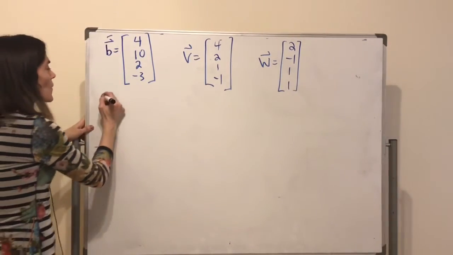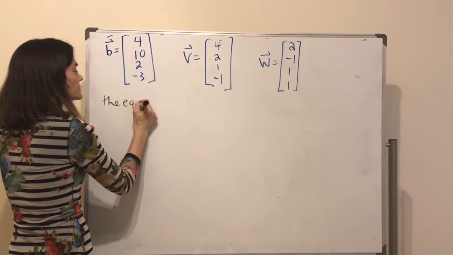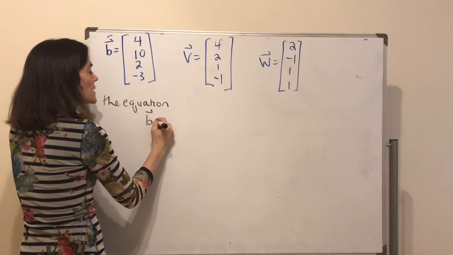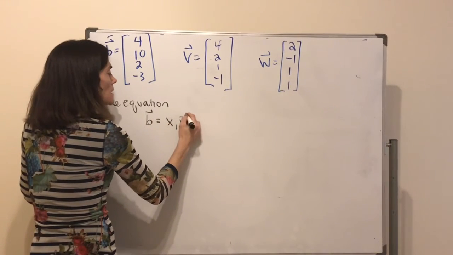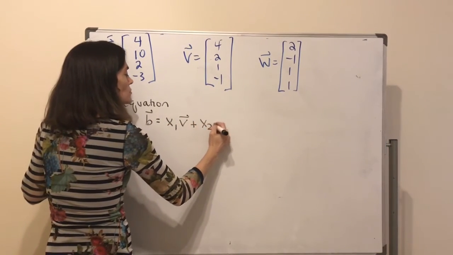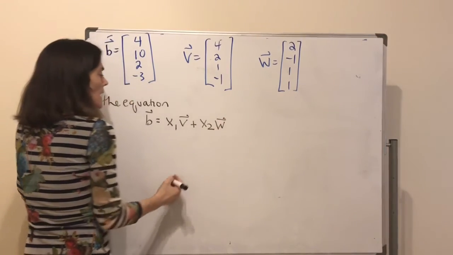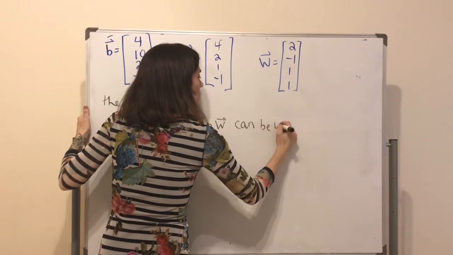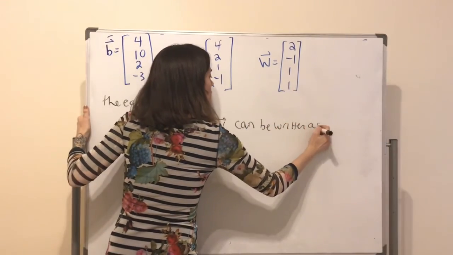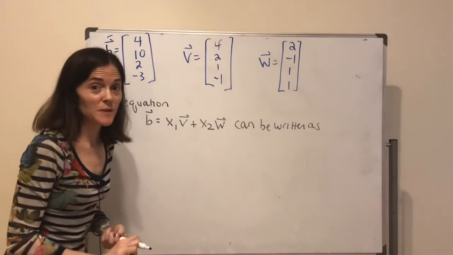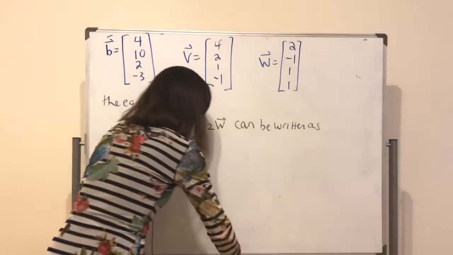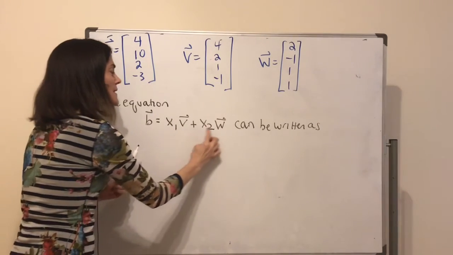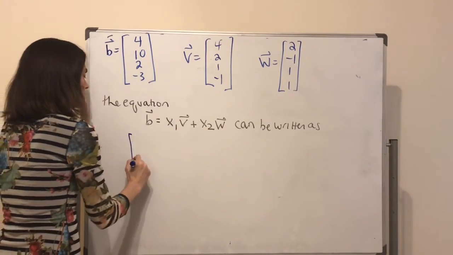But the equation, well, what were we looking for? B, we wanted x1V plus x2W, can be written as follows. Well, let's think about what we've been doing today, okay? Let's write these in the columns of a matrix.